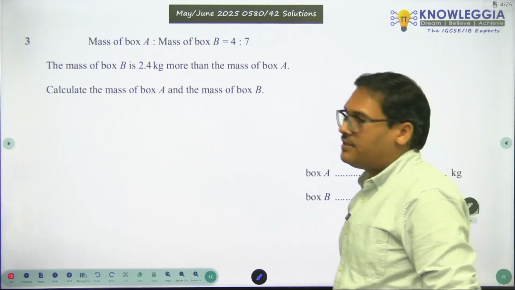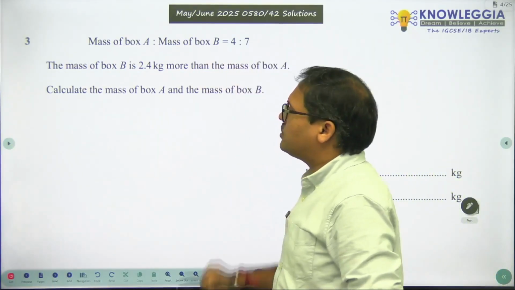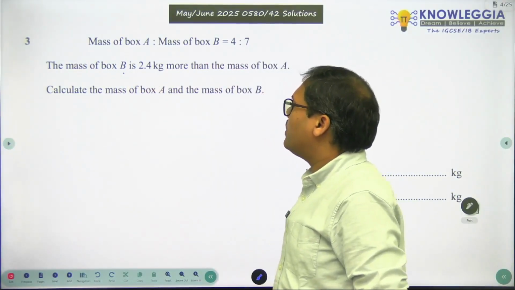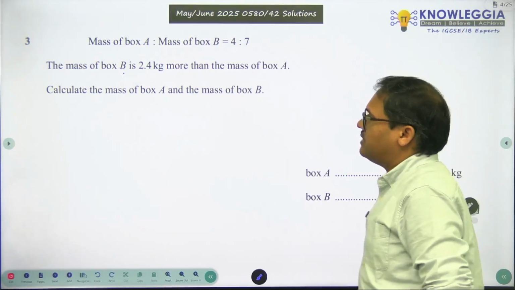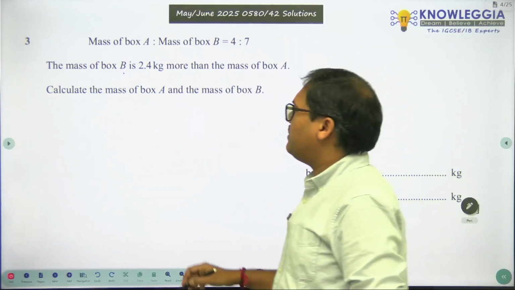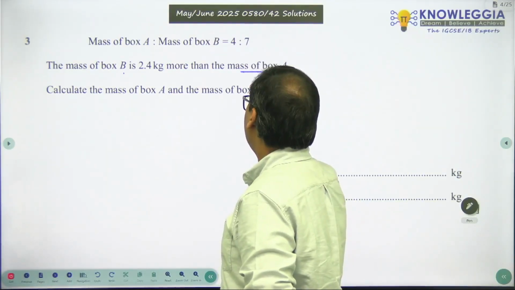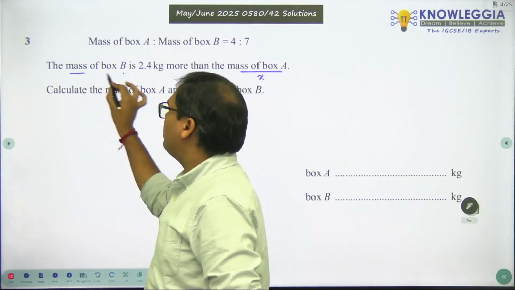Okay, so now let's take the next one. The masses of box A and box B are in the ratio 4:7. The mass of box B is 2.4 kg more than the mass of box A. Find the masses. So let's say the mass of box A is x. So what is the mass of box B?